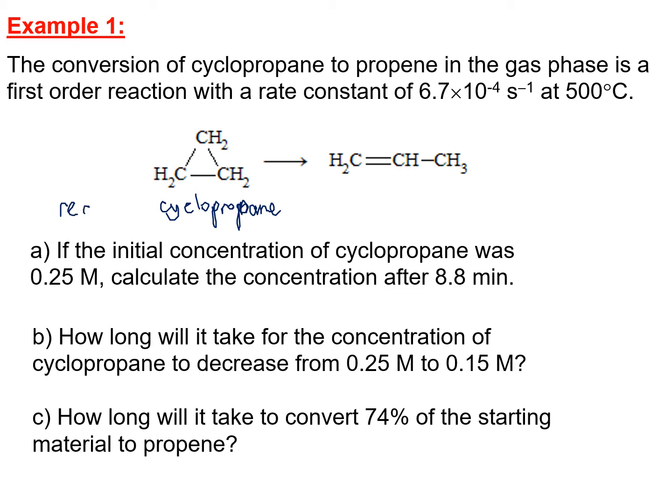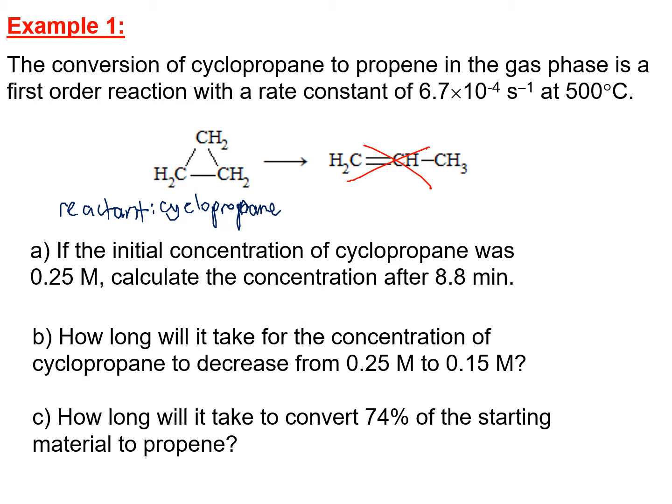This is your reactant. Okay, as Miss told you, when it comes to order of reaction, you will not care about what happened to the product, about propene. So don't pay attention to propene. Now you pay attention to cyclopropane. And the key point here, it tells us the order of reaction is first order.